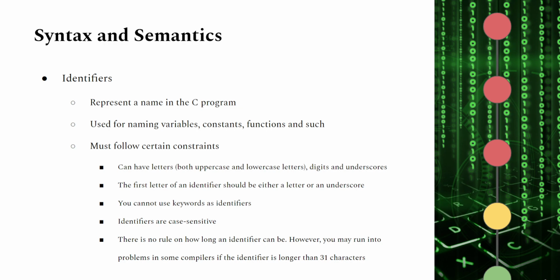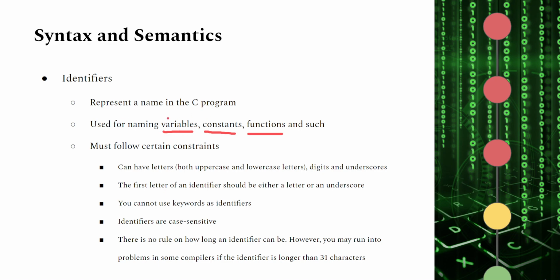Okay, now when we are talking about syntax and semantics, we need to talk about another thing. Over here I am calling this the identifiers. Identifiers actually cover a wide variety of things, such as variables, constants, functions, and similar topics like structure names and other such things.